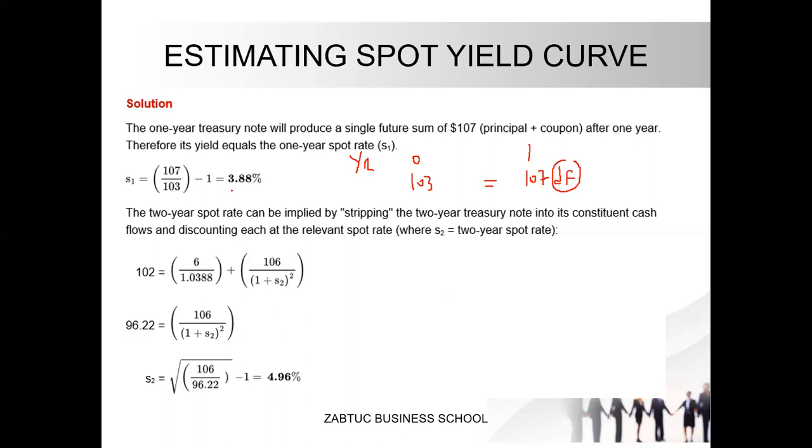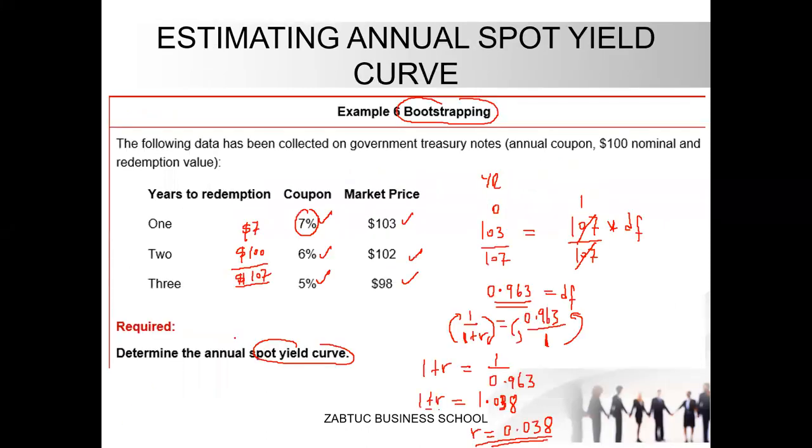So you have found the first one. Now where the bootstrapping comes in, Mr. Nkunguru, is the second bond. The market value of this bond and the coupon rate are given in the question. 2 years, the coupon rate is 6% and the value is 102.